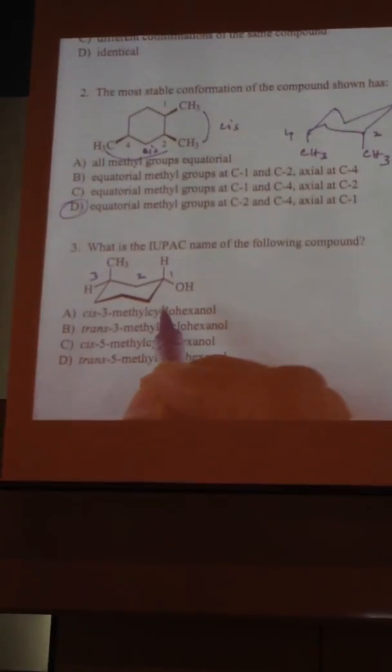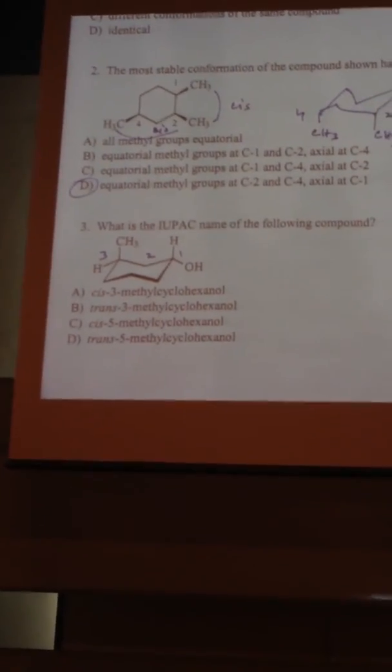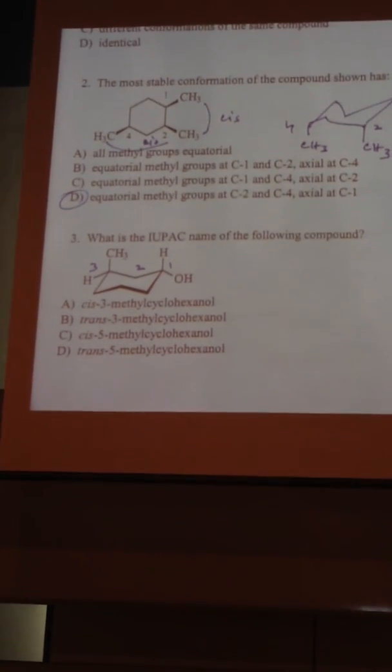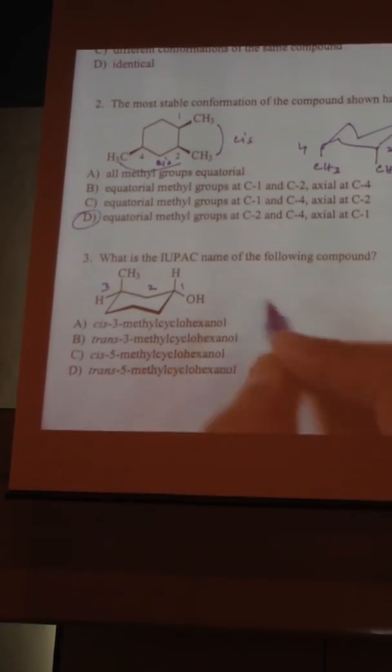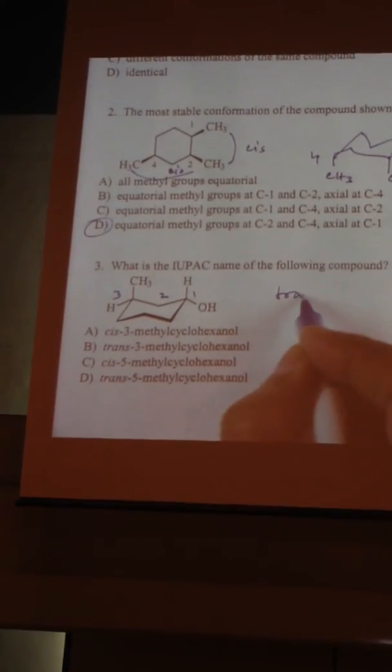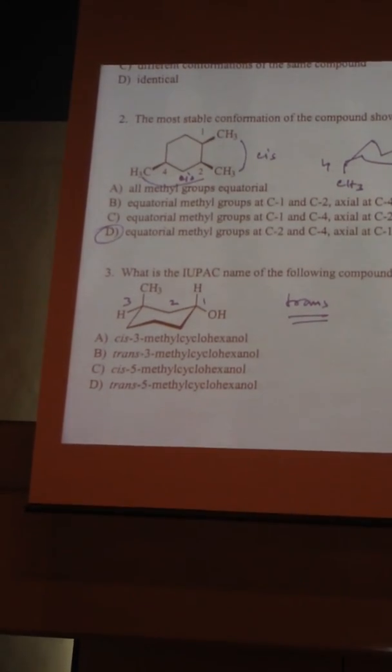Because if you have a cis relationship in the case of 1,2 and 1,4, that's when you have 1 axial, 1 equatorial. In the case of, sorry, this is actually a trans relationship because it's 1,3.